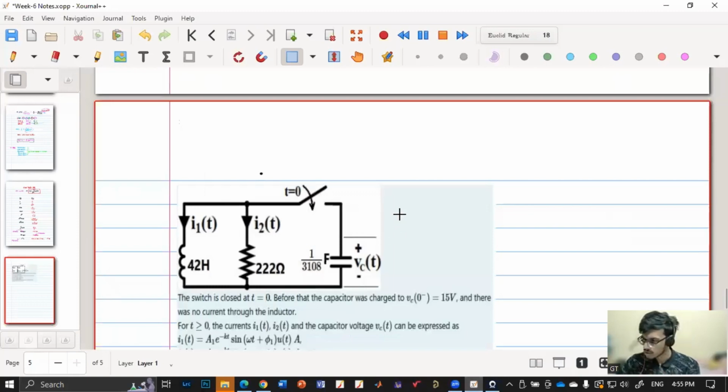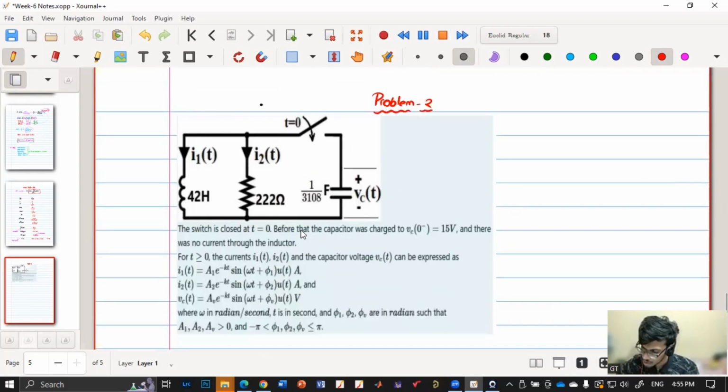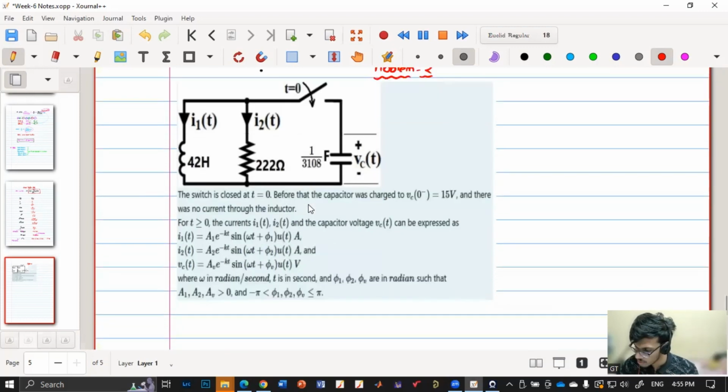Okay. So now this is the problem. The first part is converting this into the S domain, and then solving it as it is. So if we convert this circuit into the S domain, after t equals 0, how will we get it?